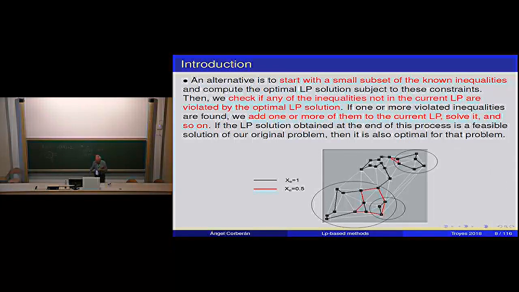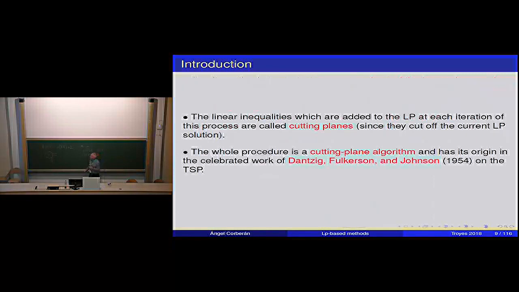This is the way of avoiding this problem. The linear inequalities which are added to the LP at each iteration are called cutting planes, because they are cutting the fractional solution you have obtained in solving the previous linear program.